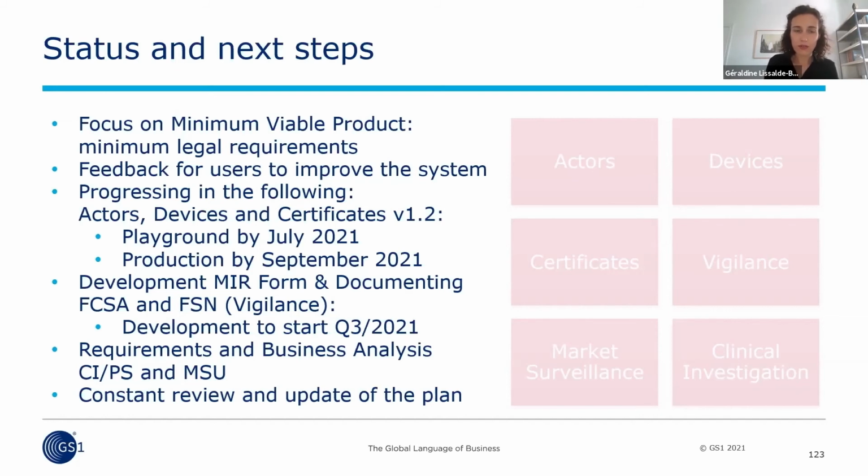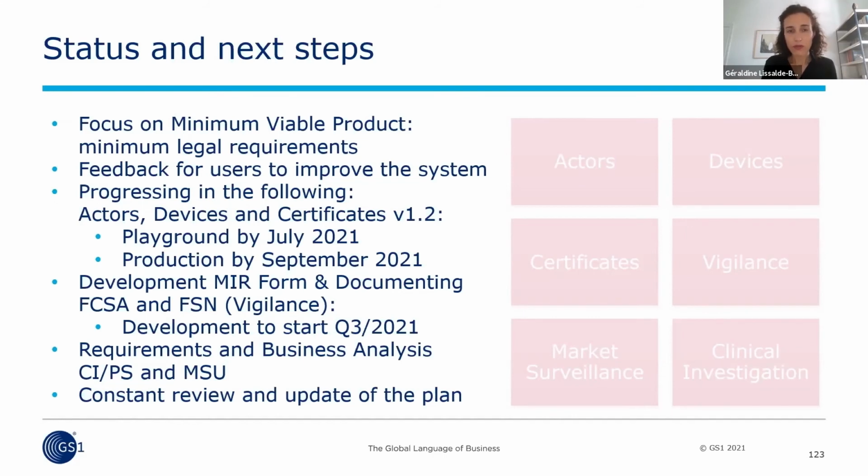Then they will start to develop the rest of the EUDAMED modules related to the documentation for vigilance. This will start after summer, in September as well this year. We don't know yet when it will be open for playground and when it will be launched for use.